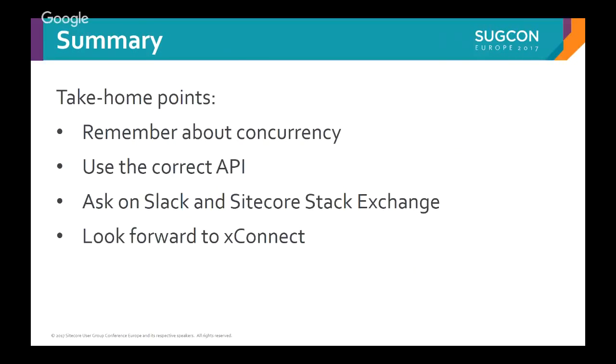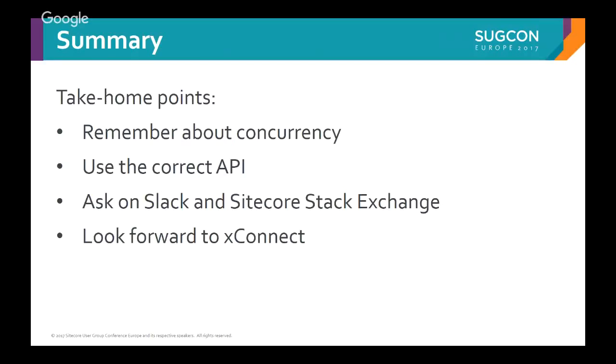So, as a summary, as a developer who writes code, always remember about concurrency, that your code is not the only code that may be dealing with contacts at this time. Then remember to use the correct APIs.